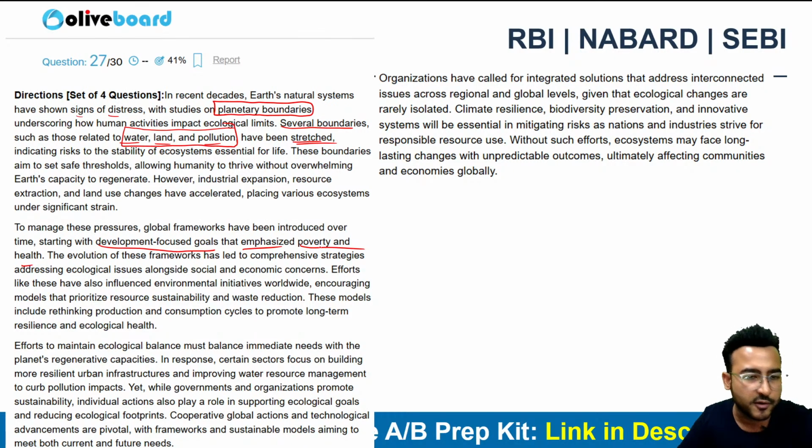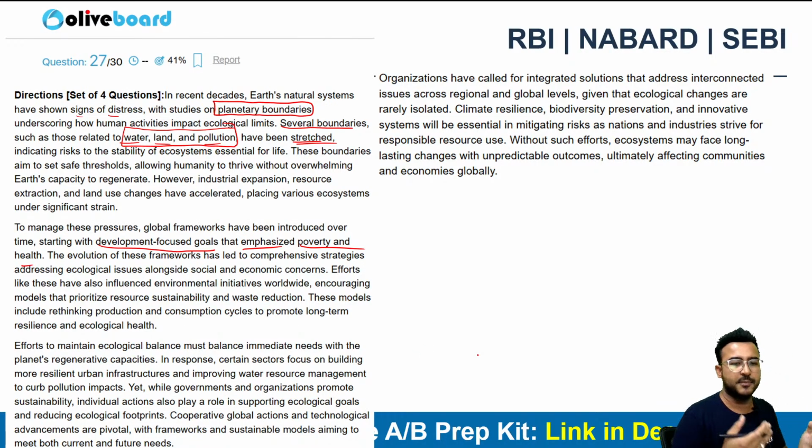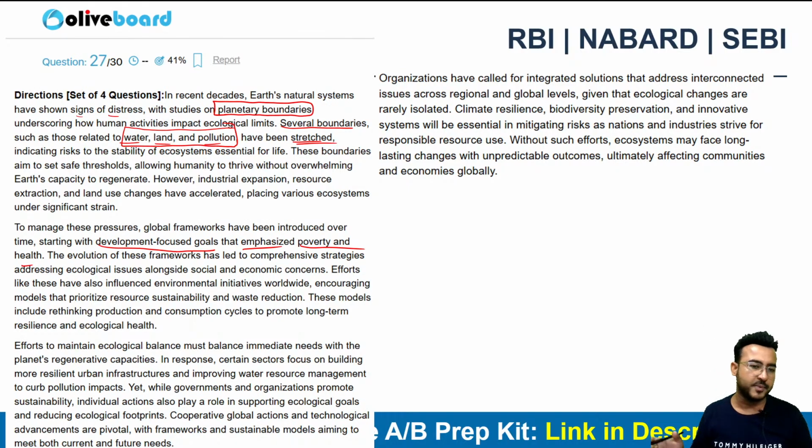The evolution of these frameworks has led to comprehensive strategies addressing the ecological issues alongside social and economic concerns. Efforts like these have also influenced environmental initiatives worldwide, encouraging models that prioritize resource sustainability and waste reduction. These models include rethinking the production and consumption cycles to promote long-term resilience and ecological health.